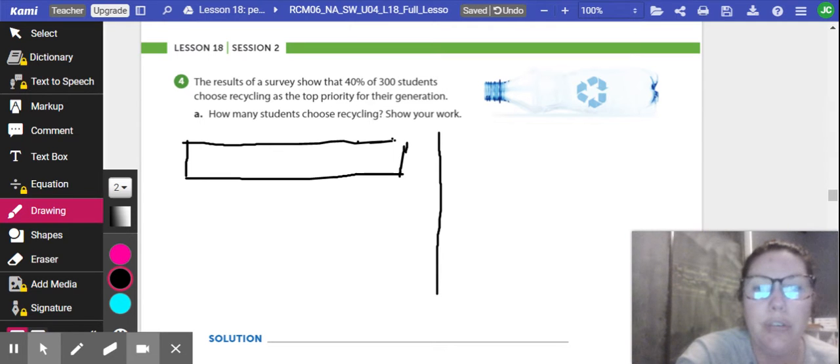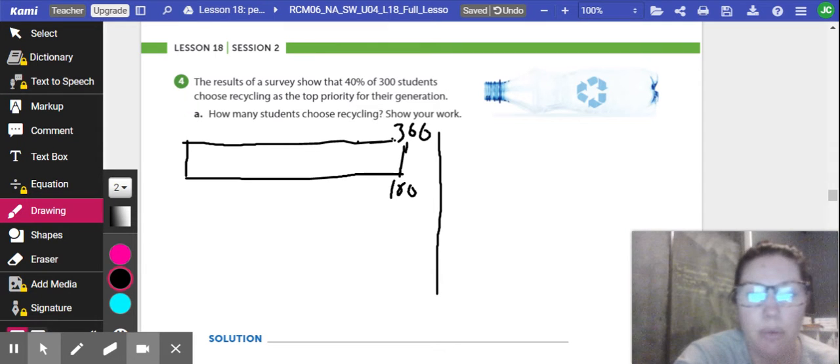Okay, so I have 300 students, which is 100%. And then I want 40%. So I'm going to break this up into tens, because I want 40%. If I'd wanted 25, 50, or 75, then I could break it into fourths. But because I want 40%, I'm going to go ahead and break it up into tens.